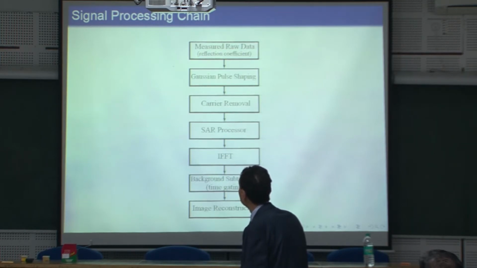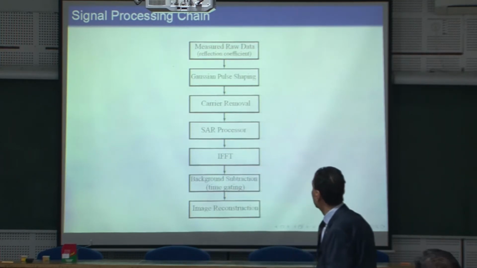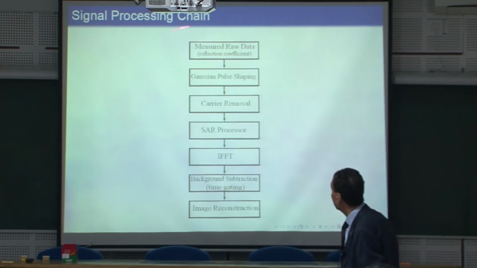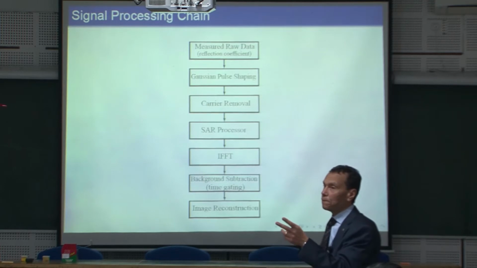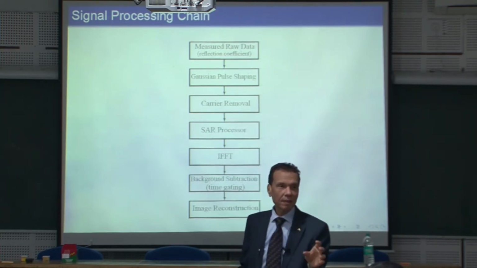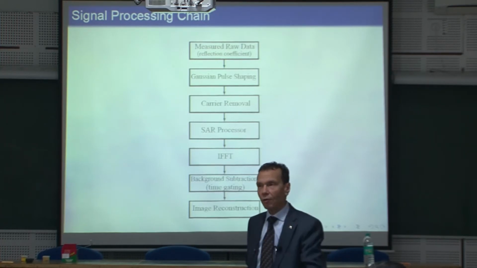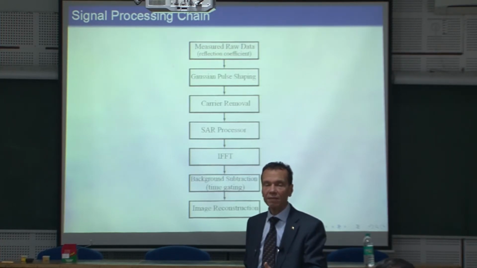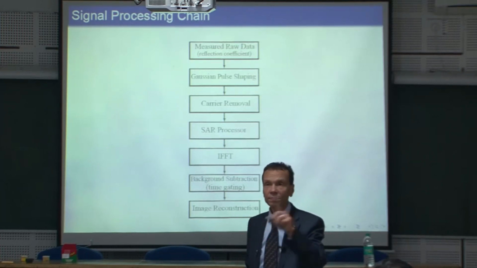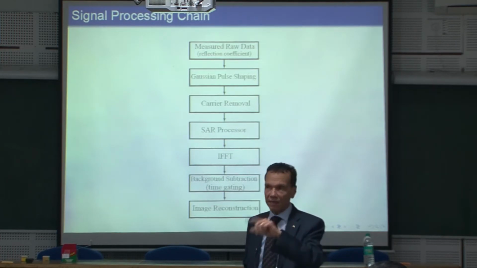This is the signal processing chain, how measurement data is processed. This is here the raw data, the reflection coefficient. Then Gaussian pulse shaping. I told you about the side lobes in the cross range. If I don't window, if I have a rectangular window in the frequency, I will have the sinc.